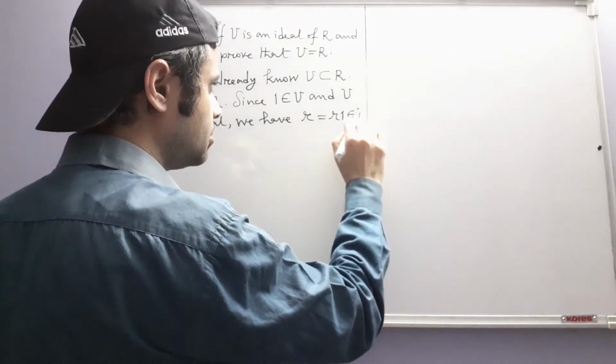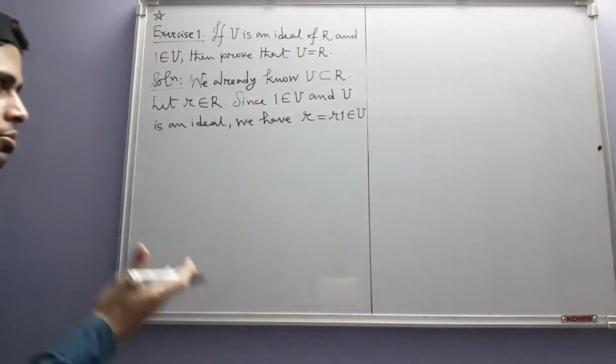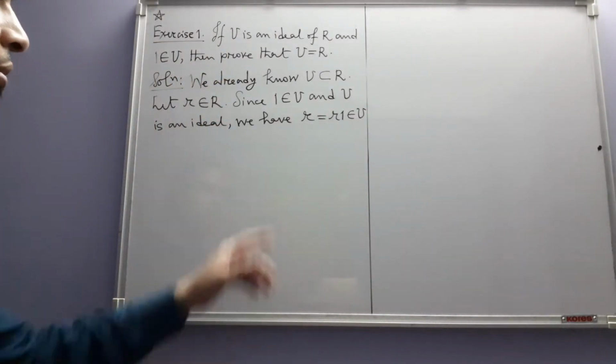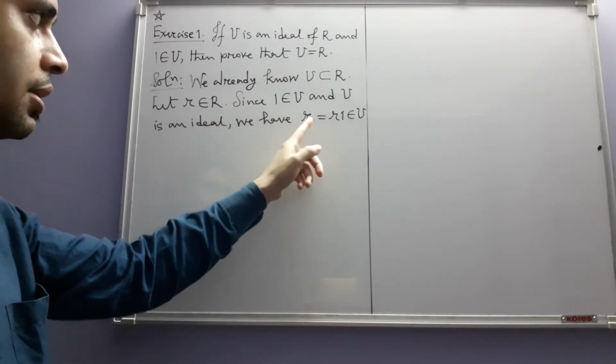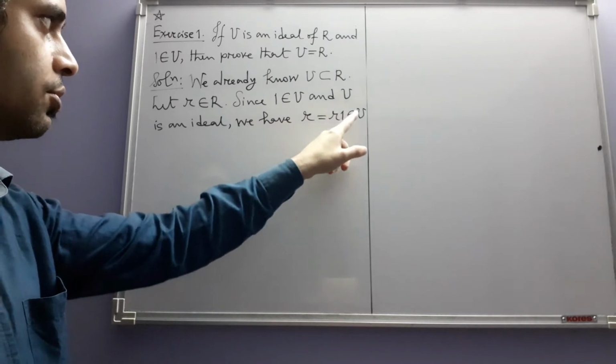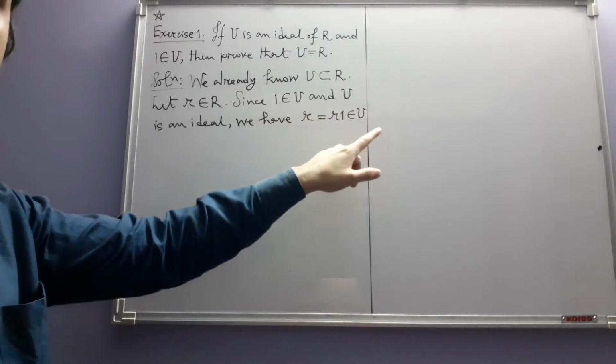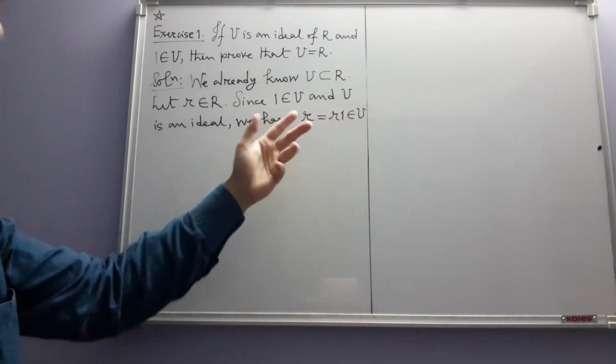This will also be in U because U allows multiplication by ring elements from the left. So since 1 belongs to U, r1 will belong to U, but we know that r1 is nothing but r.